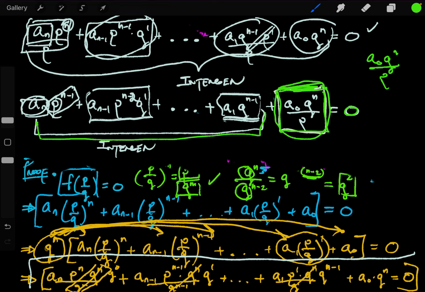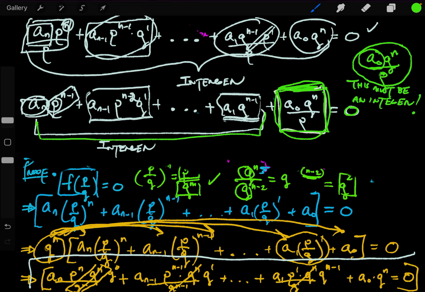And we have to convince ourselves. You have to say, this must be an integer. And with this being an integer, this is a0 q to the n over p. The only way that this is an integer is if p is a factor of a0.